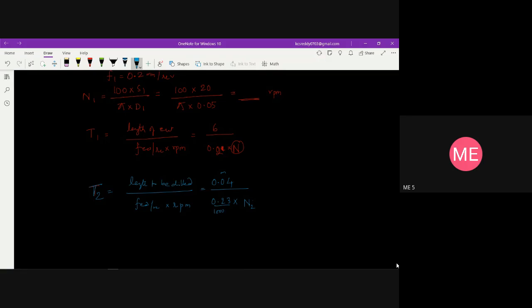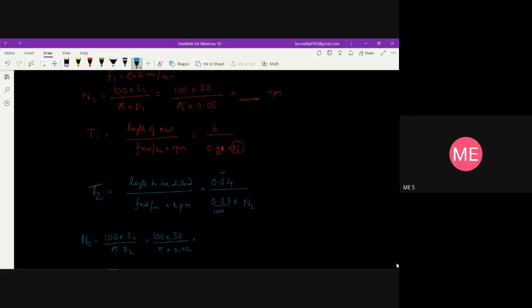For the drilling operation we need to find N2, which is 100 into S2 divided by pi into D2. Here 100 into S, the cutting speed for drilling, which I have taken as 30 meters per minute, and pi into the diameter of the hole which you are going to make, which is 2 centimeters. So D2 is 2 centimeters, and I am going to convert this into 0.02 meter, so that we get it in terms of revolutions per minute.